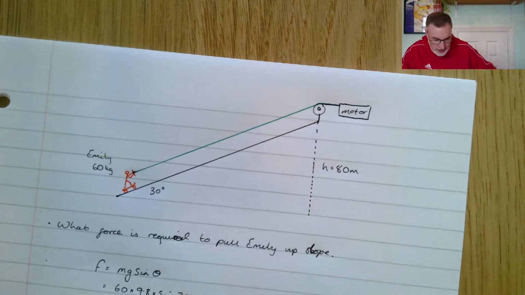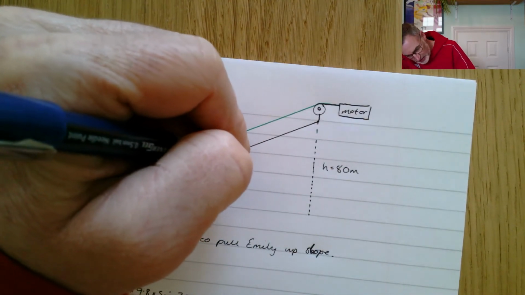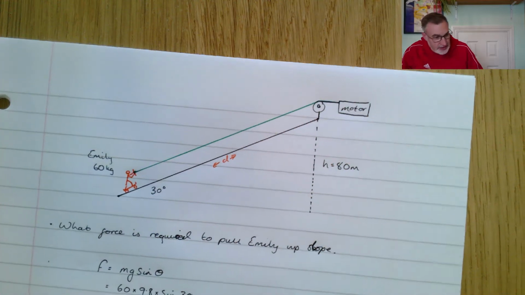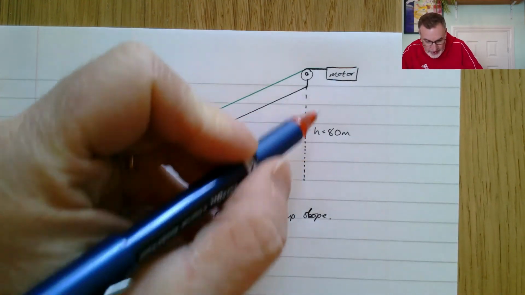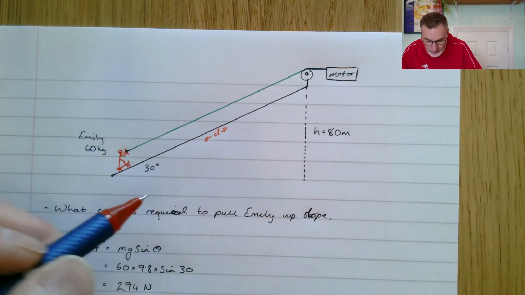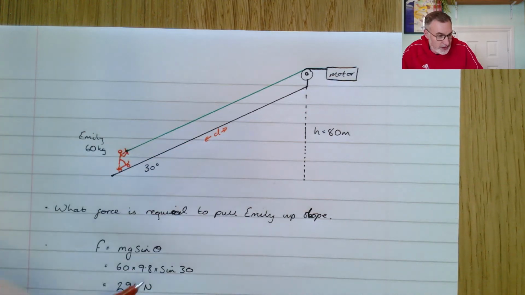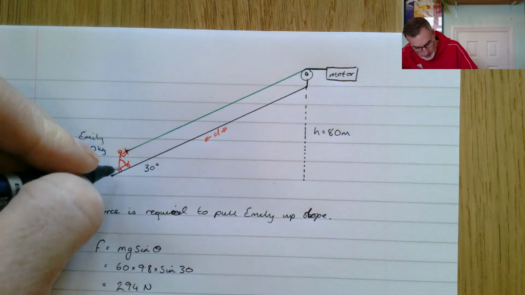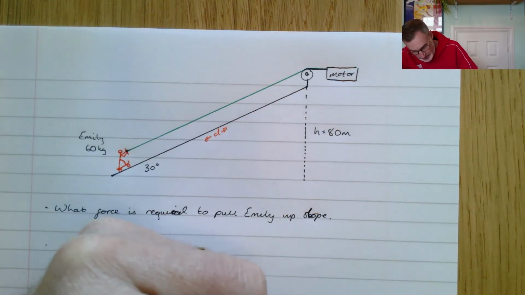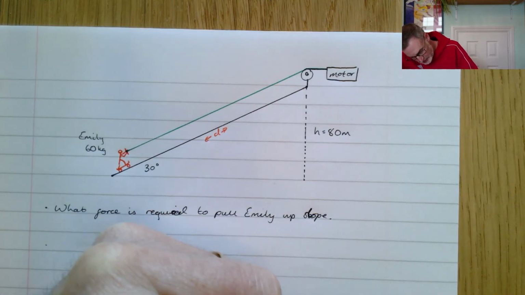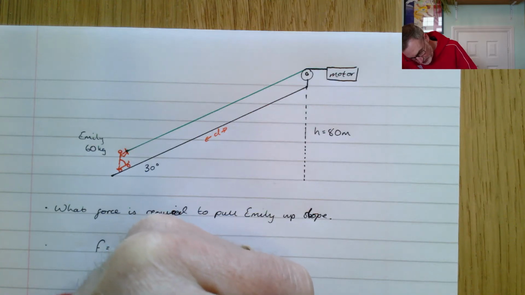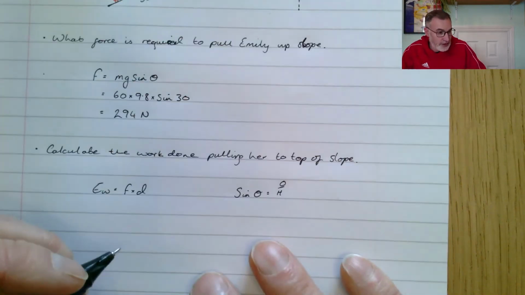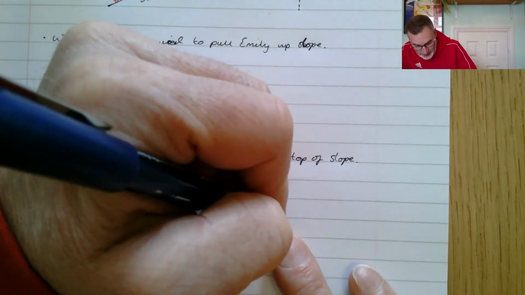The distance is going to be this distance here, and if we've got an angle and we've got a height, then we can work out the distance with some trigonometry. So sine theta is opposite over hypotenuse.